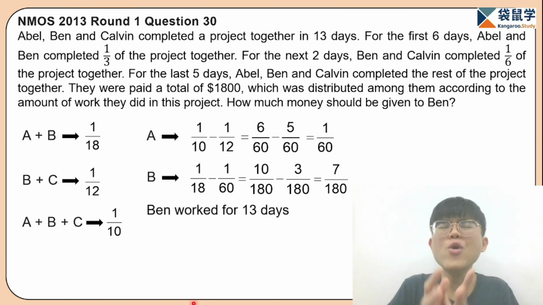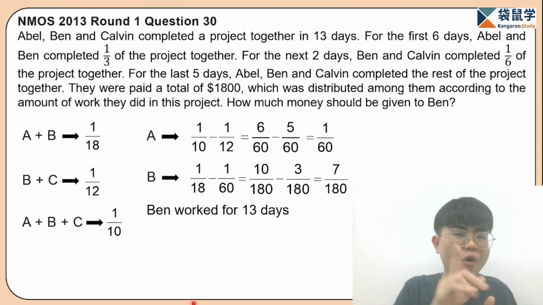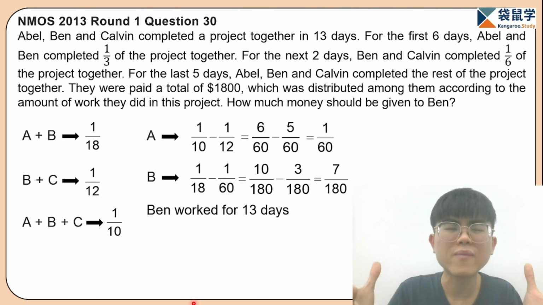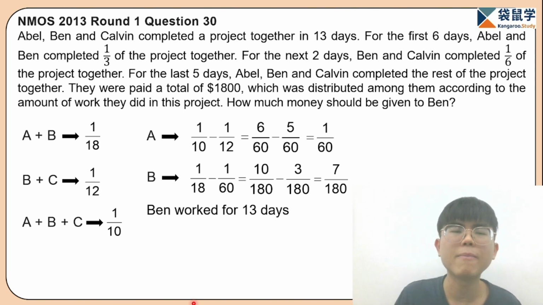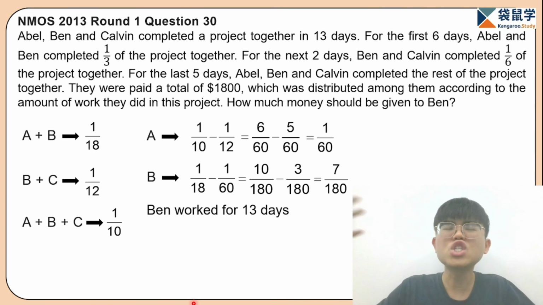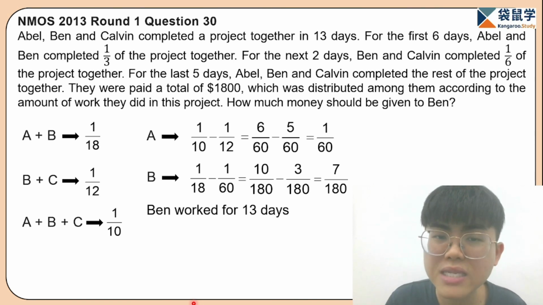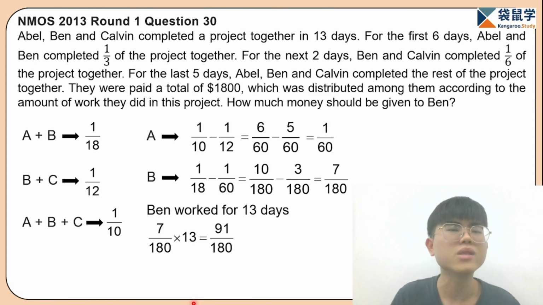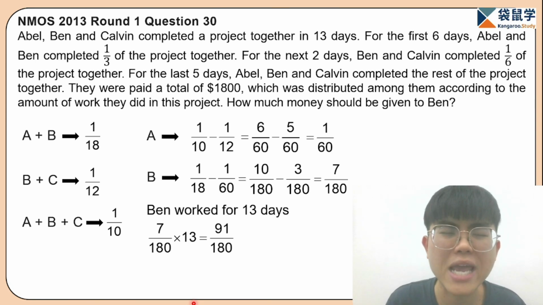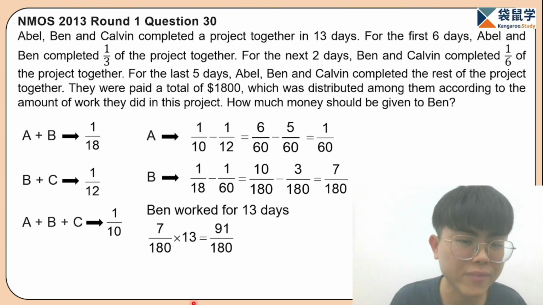So now we know how much work Ben does in 1 day, and we know the total days worked by Ben. So we can now calculate the total work done. We just have to use 7 over 180 times 13 days. We get a total of 91 over 180. This is the work done by Ben.